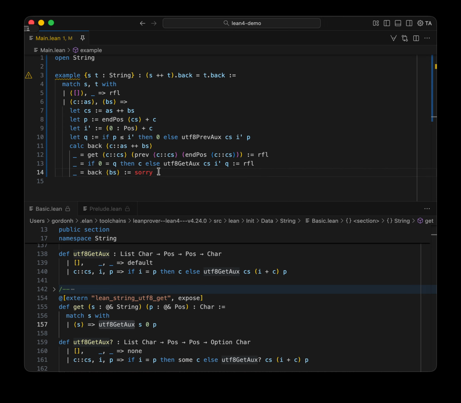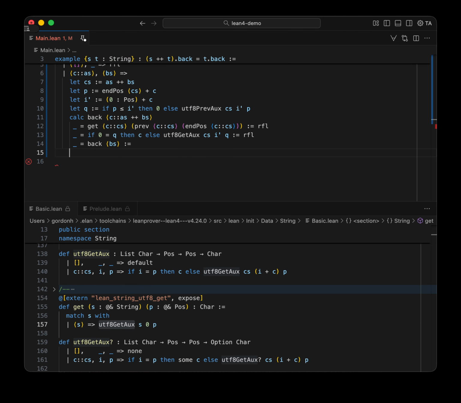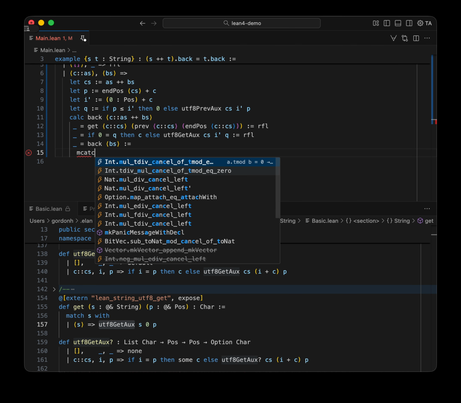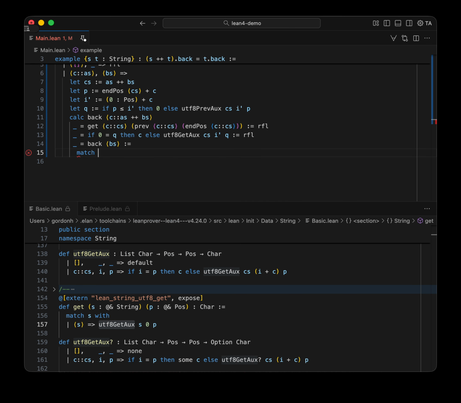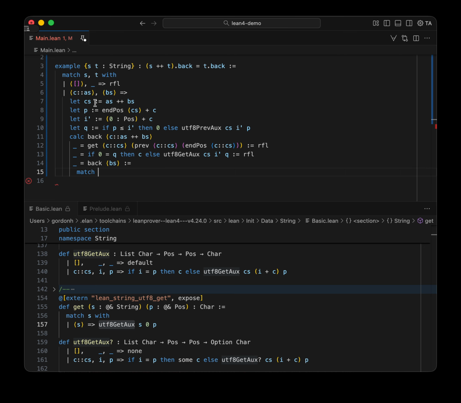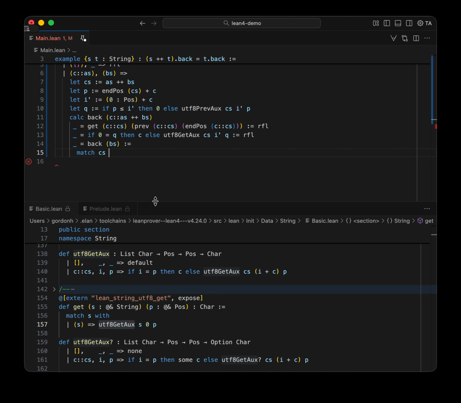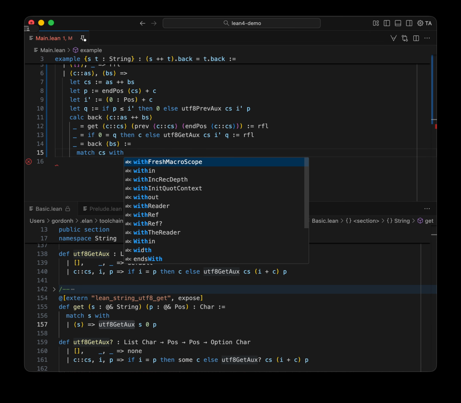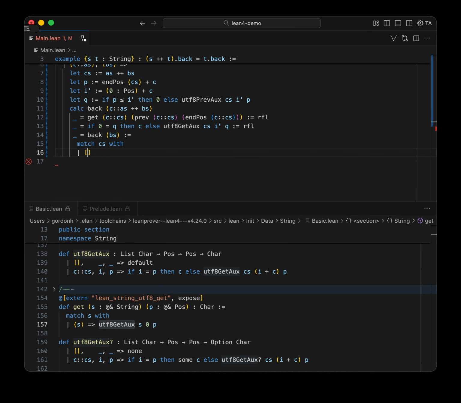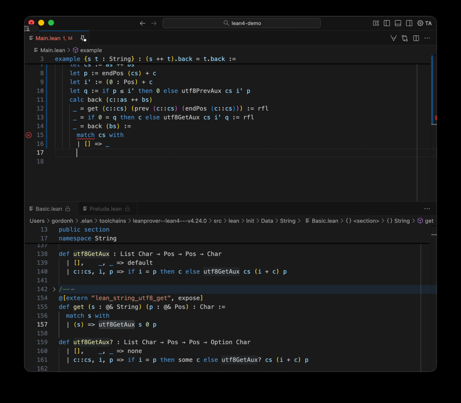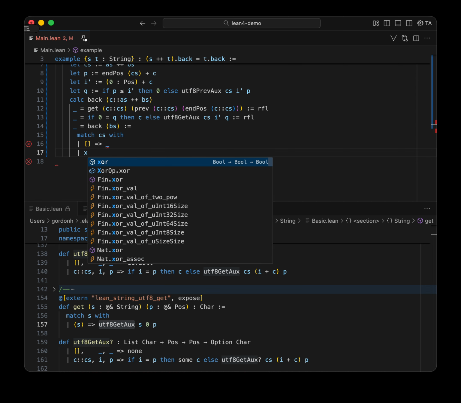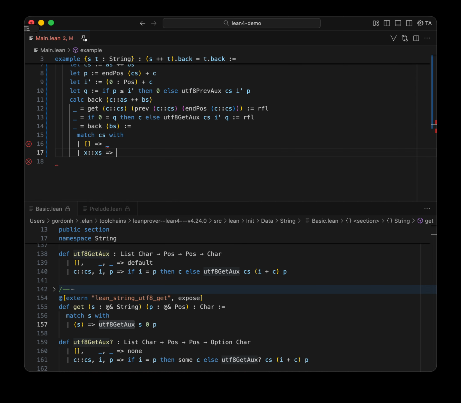So let's try to do that. Argue by cases on CS. So either CS is empty or CS can be broken down. It contains at least one character.